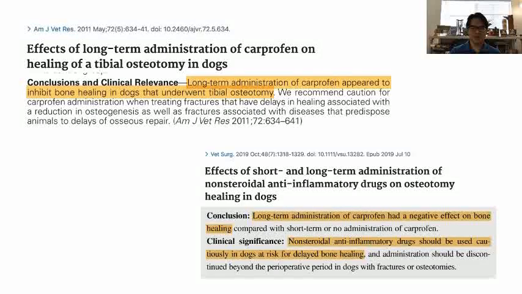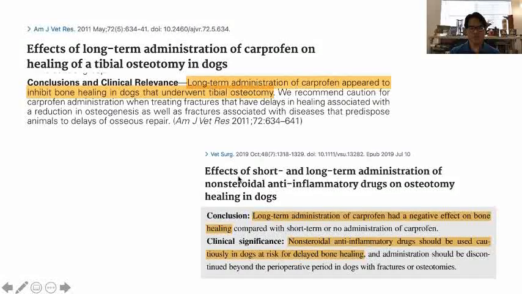And here are two studies that I found on long-term carprofen and bone healing in dogs. The first study, published in 2011, concluded that long-term administration of carprofen appears to inhibit bone healing in dogs that underwent tibial osteotomy.